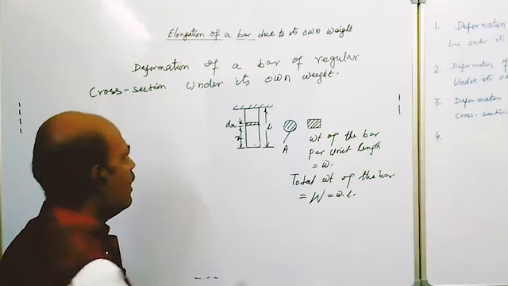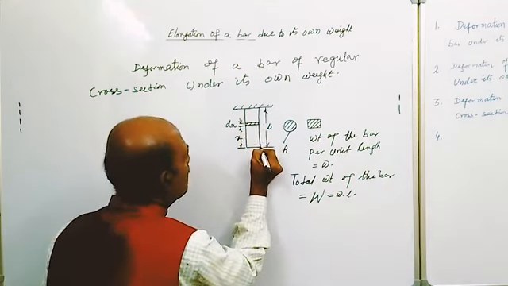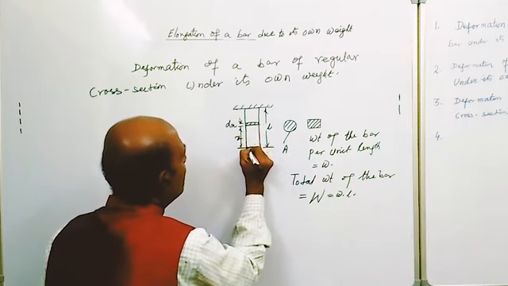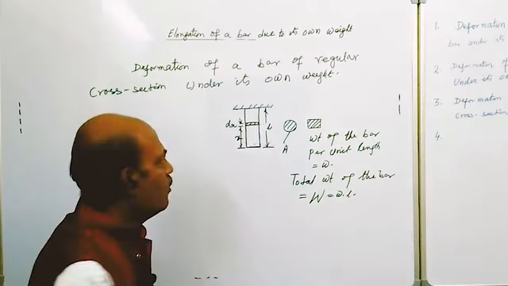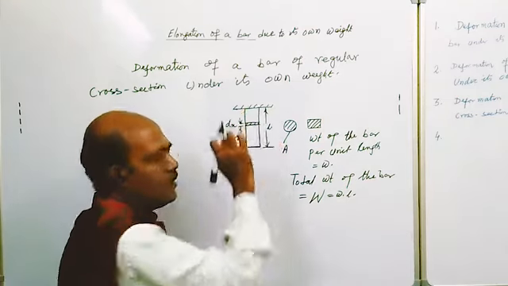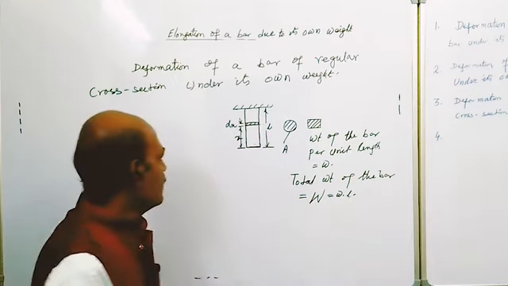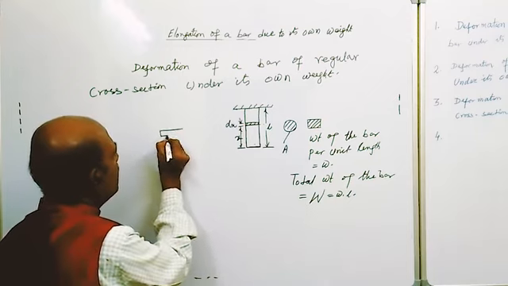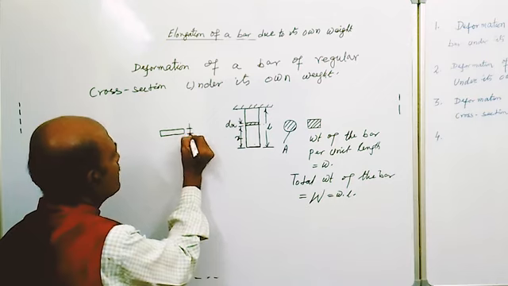Okay. Now the weight of the portion under the section will act as a weight on that particular section. If we draw the section separately, say this is the section whose length is dx.